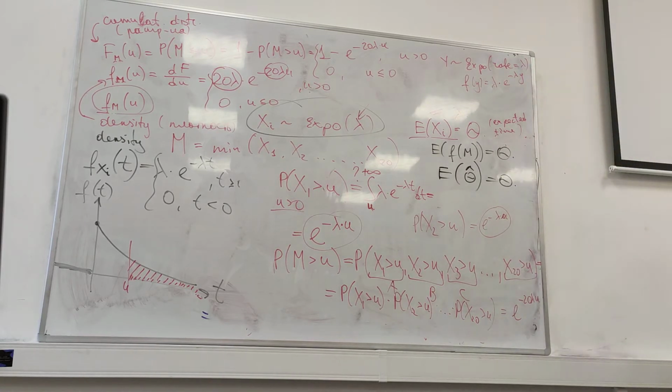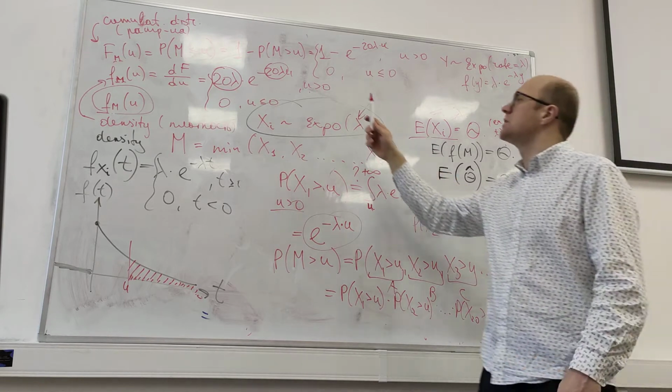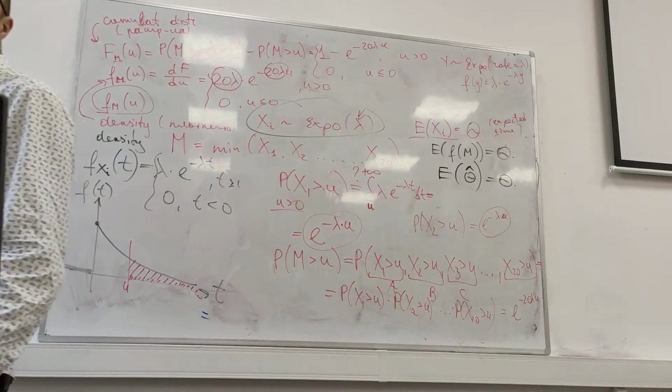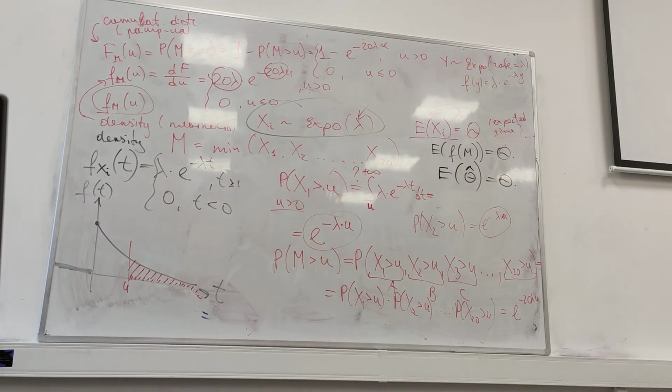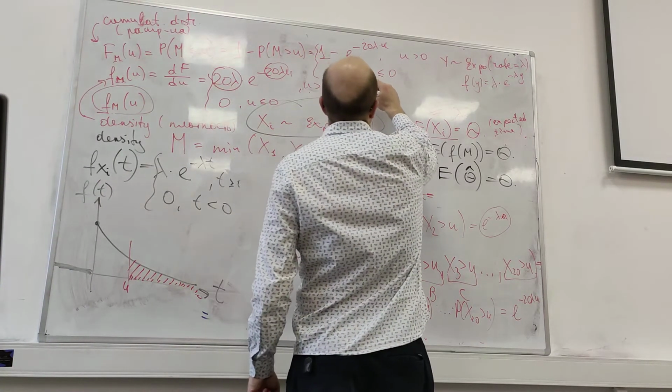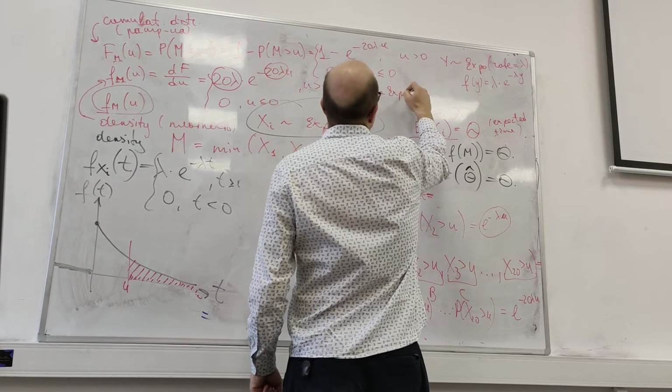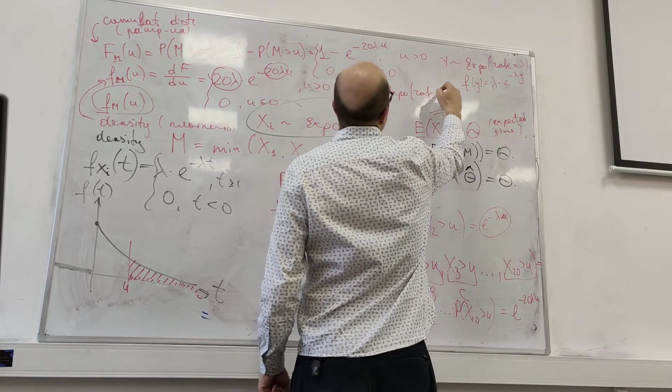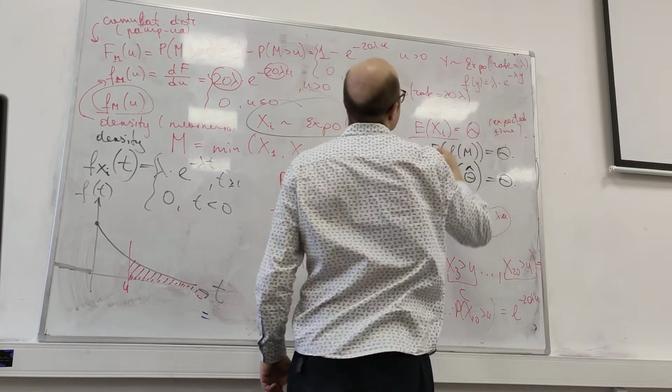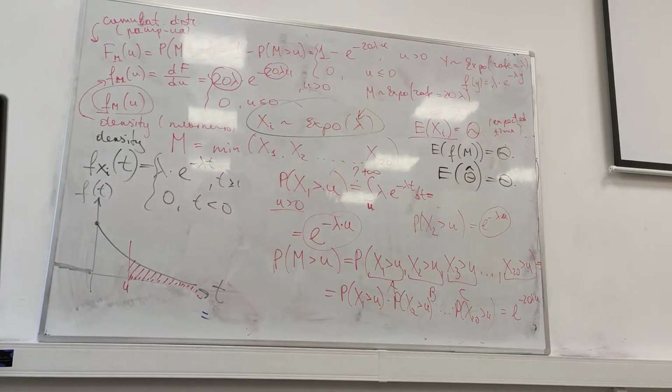In this case, the rate is 20 lambda. Lambda is the rate for x1, x2, x3, but m is exponential with rate 20 lambda.